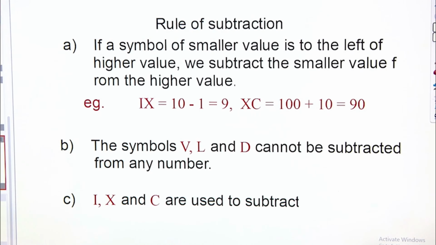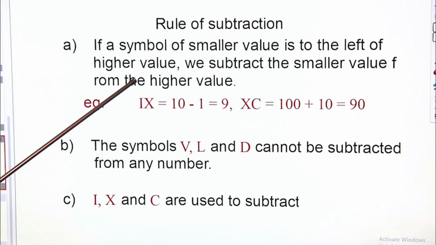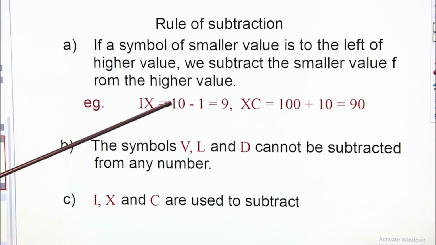So what do we do, learners? We subtract the smaller value from the higher value. I hope you are following. That's good. So IX will give us our 10, which is X, minus 1. Why are we subtracting?